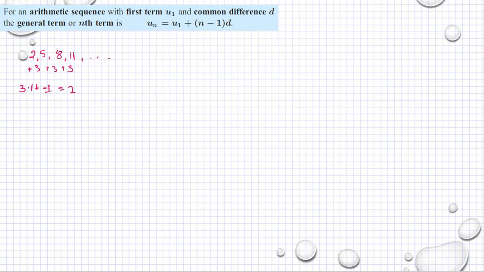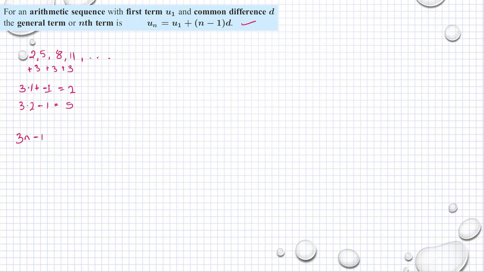Then we have minus 1 there. And then 3 times 2 minus 1, that is 5. And then we were satisfied, and we found out that our general term is 3n minus 1.